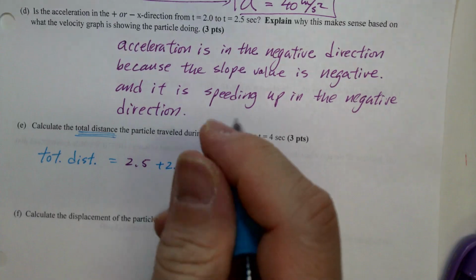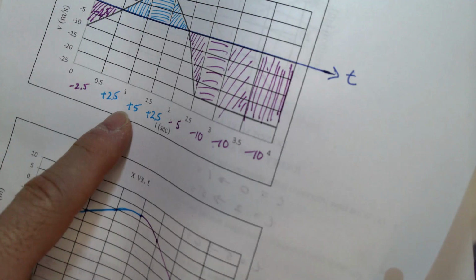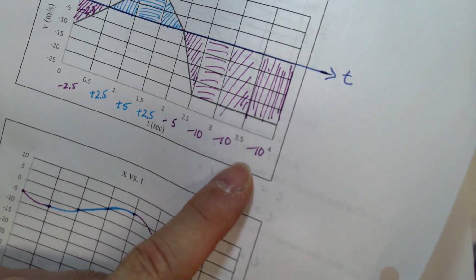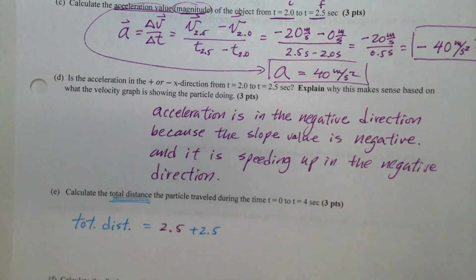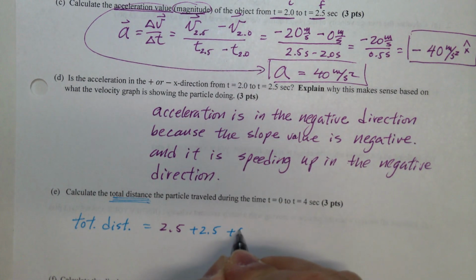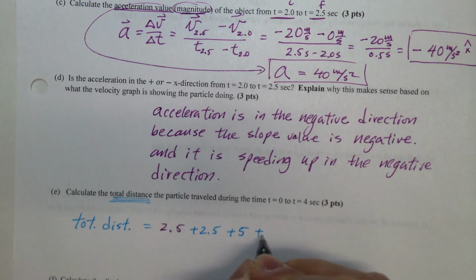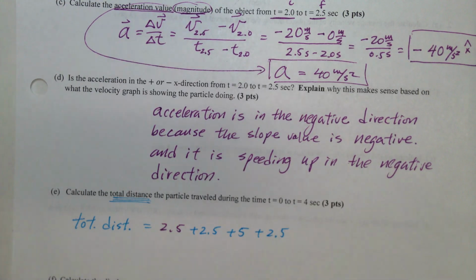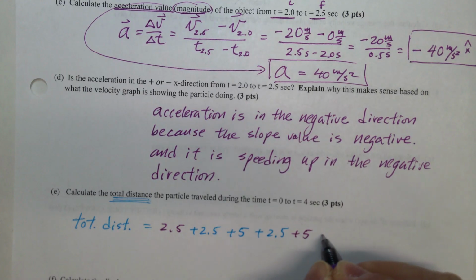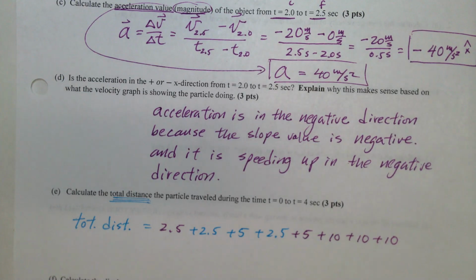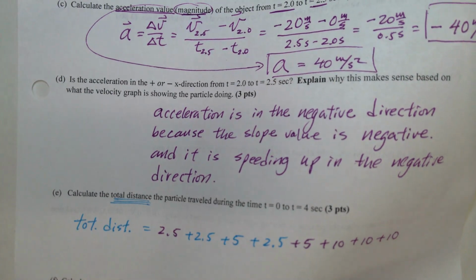So all I'm doing is I'm just adding up all these in absolute value. Okay? So 2.5 plus 2.5 plus 5 plus 2.5 plus 5 plus 10 plus 10 plus 10. That's what it is. That's the total distance traveled.